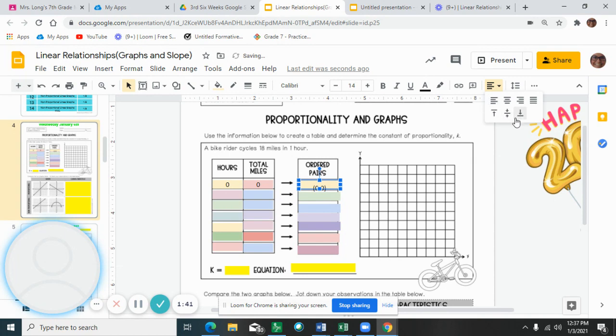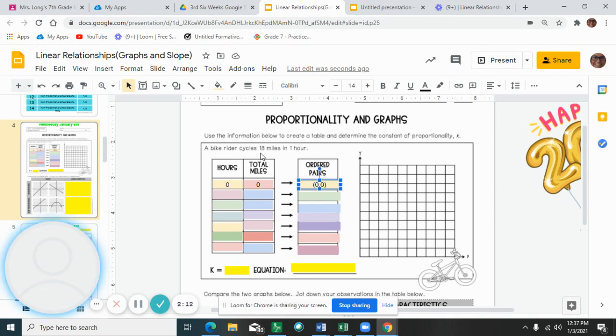Before Christmas, I didn't give you any starting with 0, 0, but just remember, it's common sense. If I haven't traveled any amount of hours, then I haven't gone any miles. So now you can start if you know it is proportional, only if they tell you, which it did right here because it asked me to find the constant. As soon as I see that, I know that it goes to the origin. So now I can go from there.